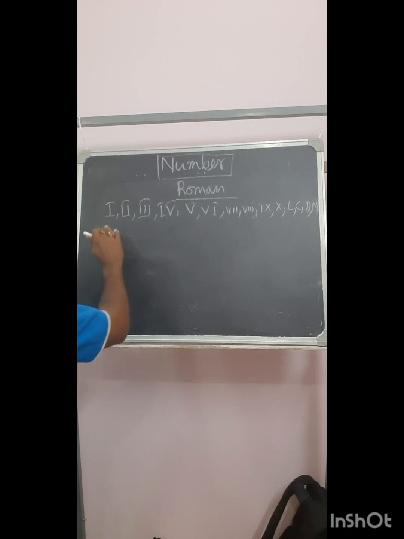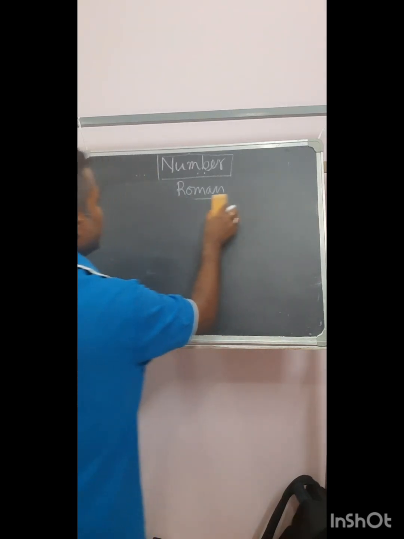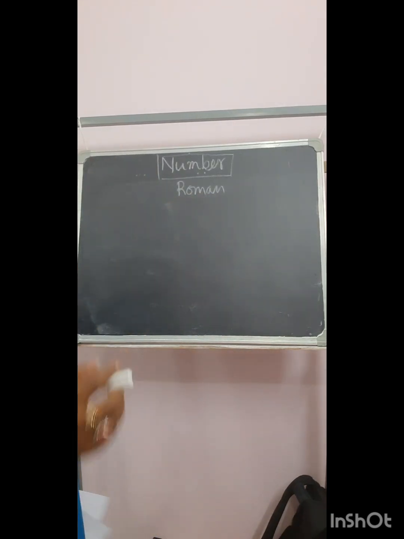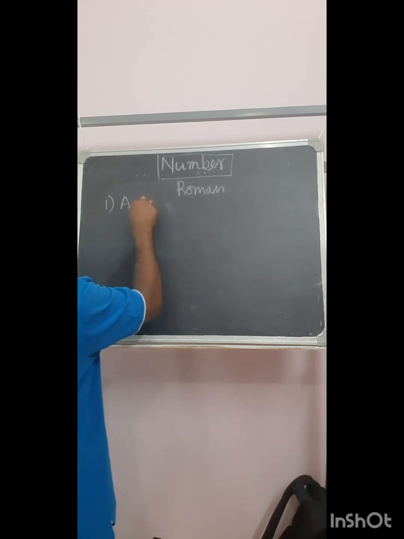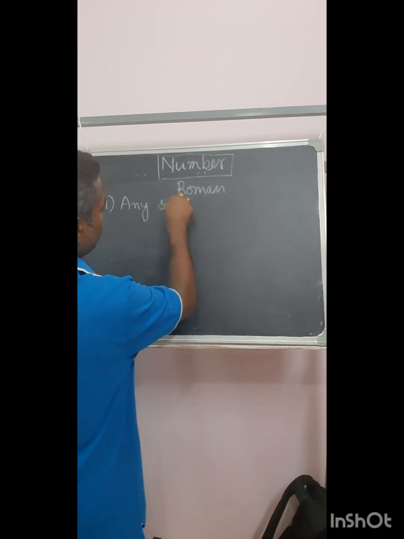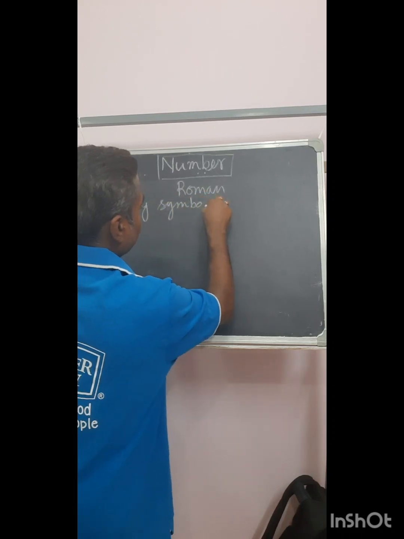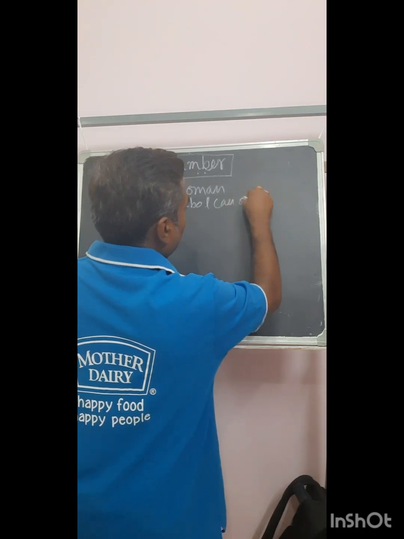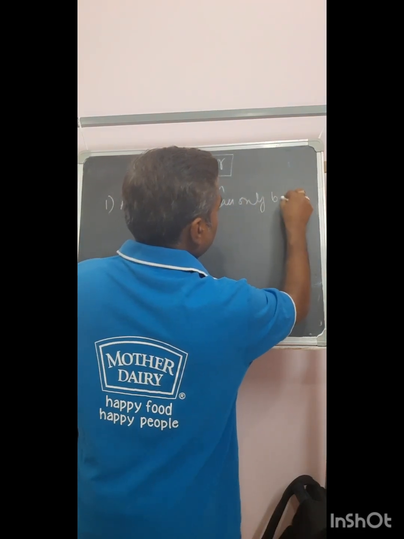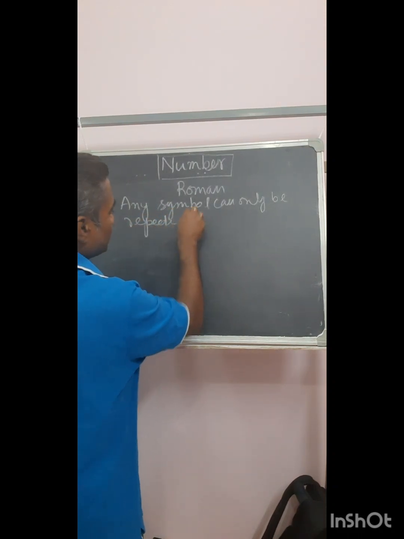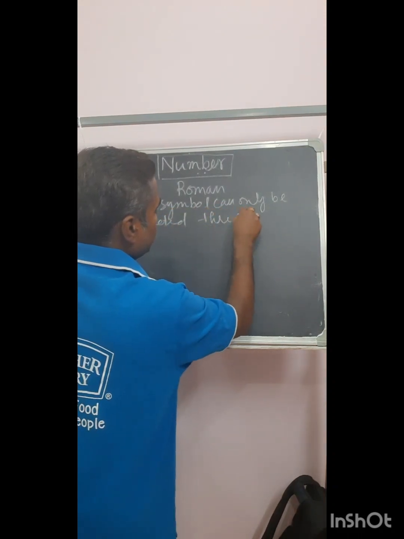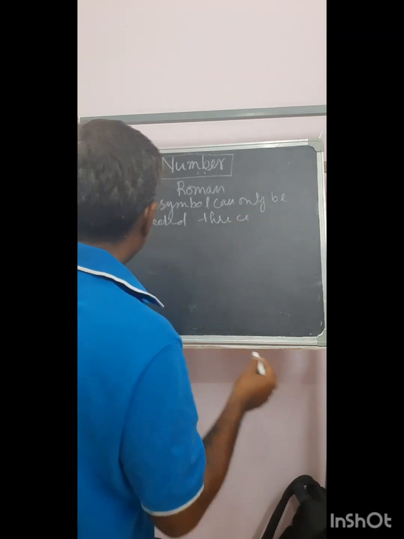Now this Roman system follows some rules, so let me describe those rules first so that any number can be represented in the Roman system easily. Rule number 1: any symbol can only be repeated thrice. They cannot be repeated more than thrice.